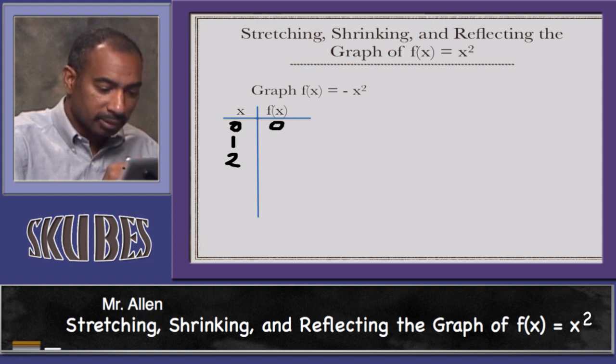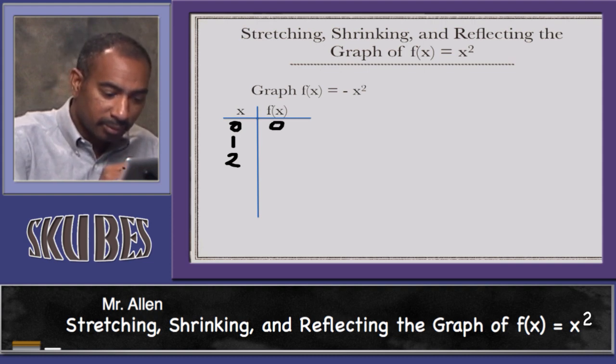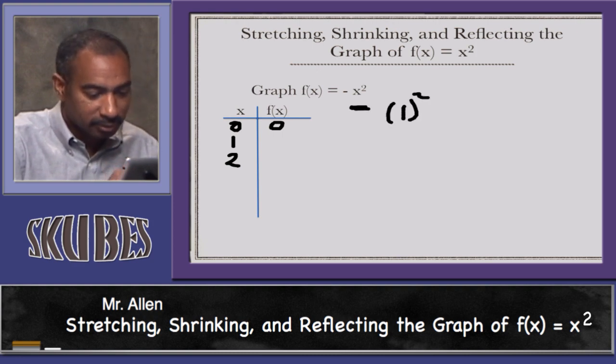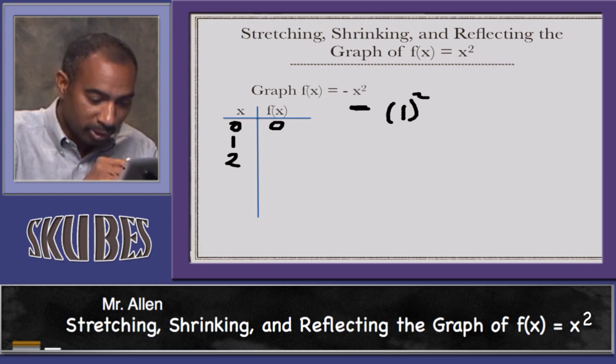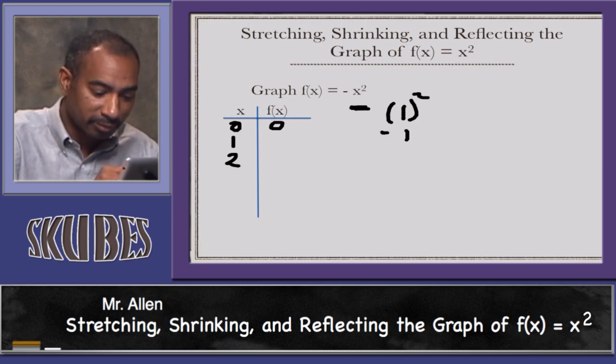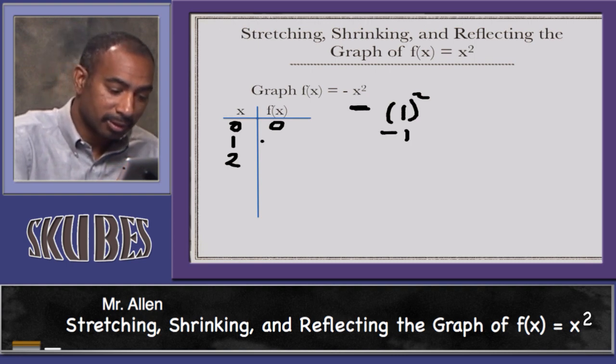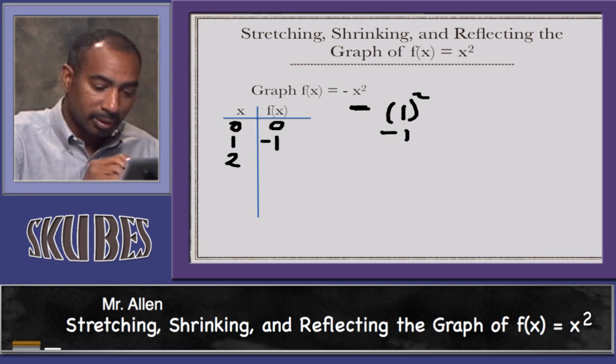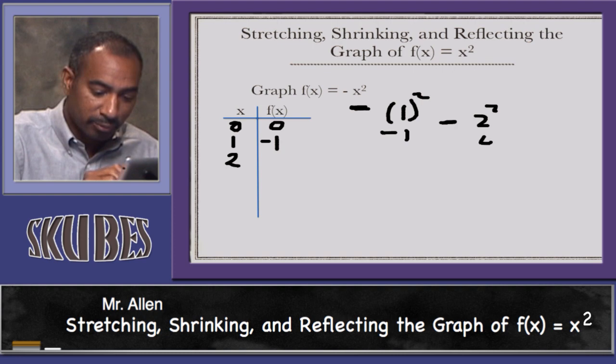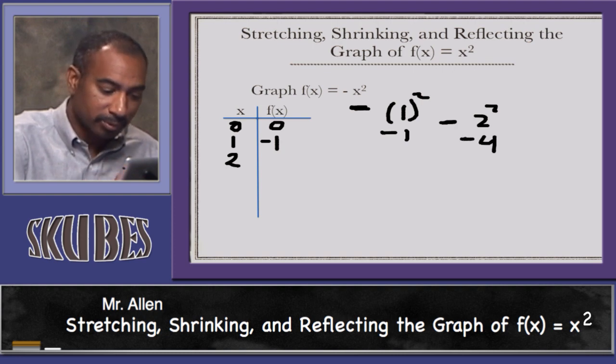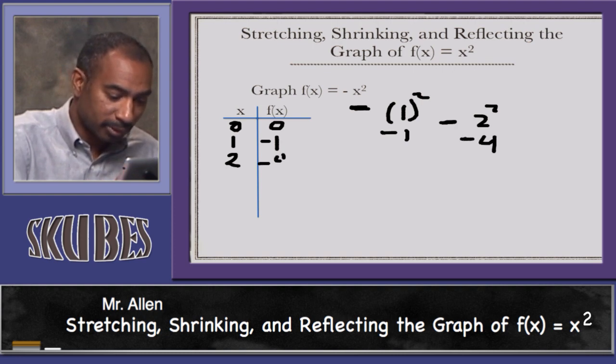Now when it comes to this, it's going to be 1 squared, and the negative comes last. So it's not going to be positive 1. 1 squared is 1, but then the negative attached to it last. So that'll be negative 1. Likewise here, this is 2 squared, but that's going to be 4, and then the negative comes afterwards. So this is not positive 4, but negative 4.